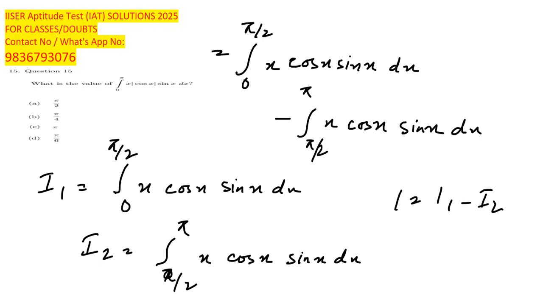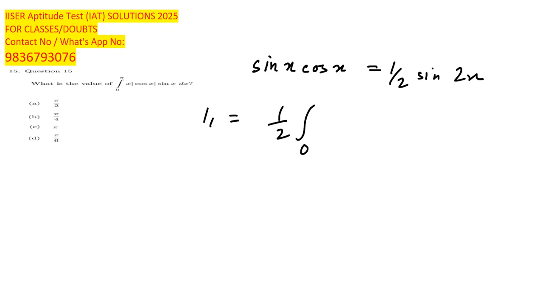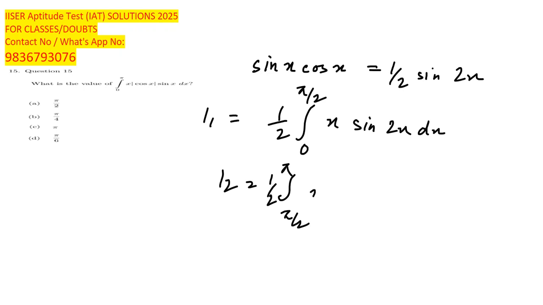So we'll use the identity sin x cos x is equal to half sin 2x. Okay, so both integrals become I1 is equal to half of integral 0 to pi by 2 x sin 2x dx, and I2 is equal to half of integral pi by 2 to pi x sin 2x dx.